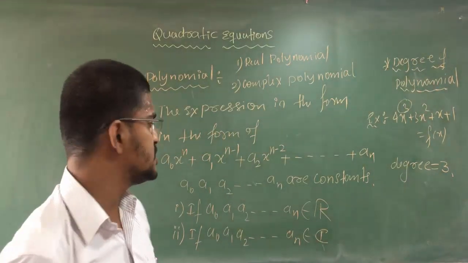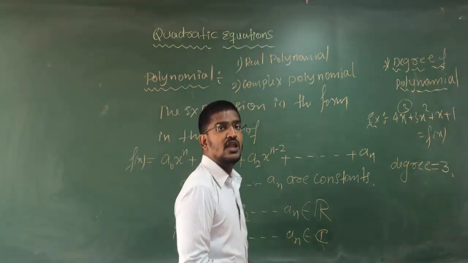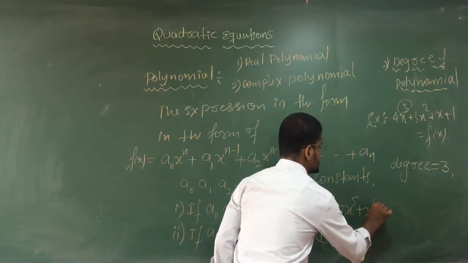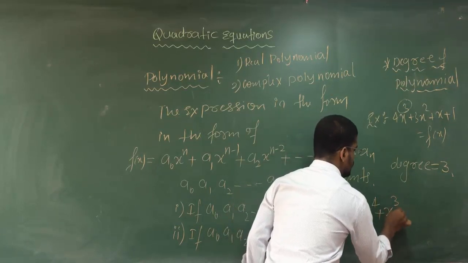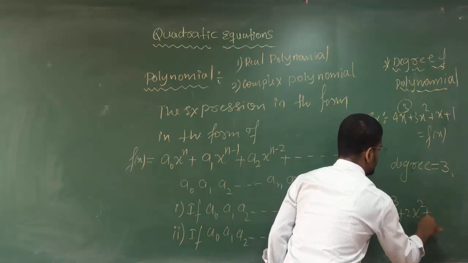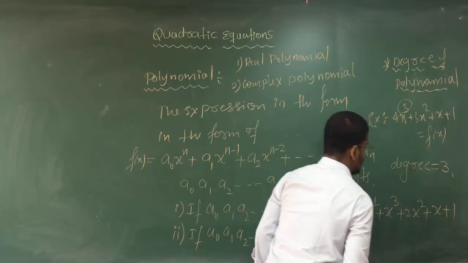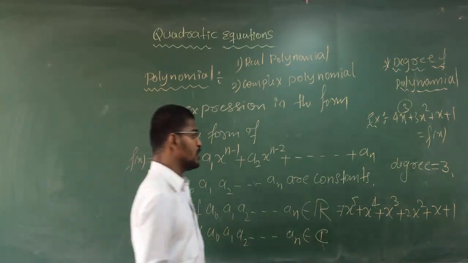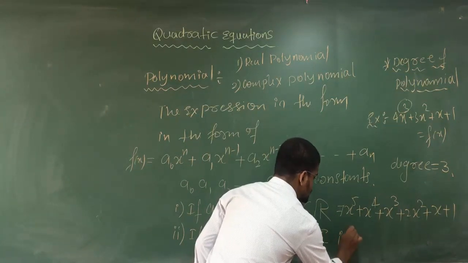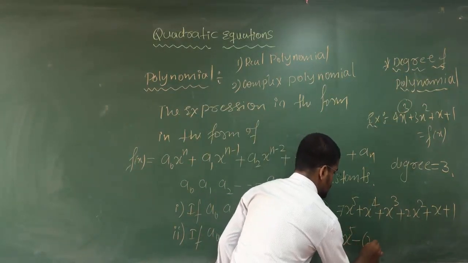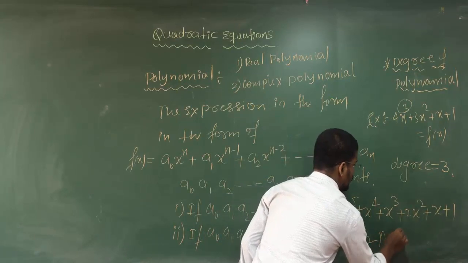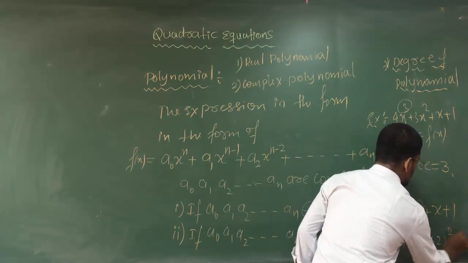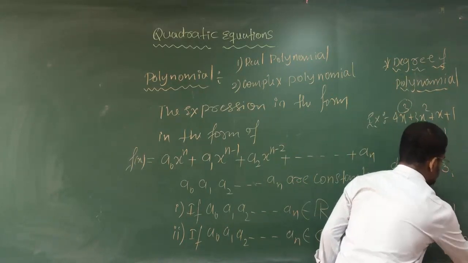Clear, my dear students? Now a real polynomial can be written as 7x to the power of 5 plus x raised to 4 plus x cube plus 2x square plus x plus 1. For a complex polynomial, you can write ix to the power of 5 minus (2 minus i)x raised to 4 plus x cube plus 2x square plus x plus 1.